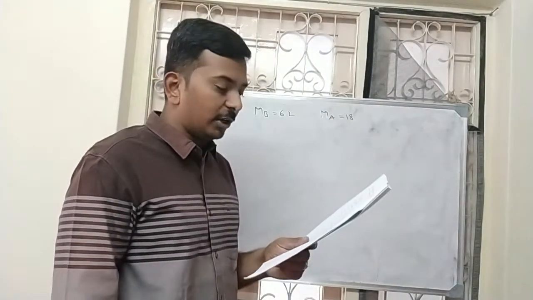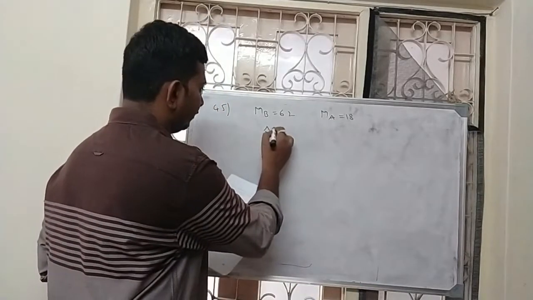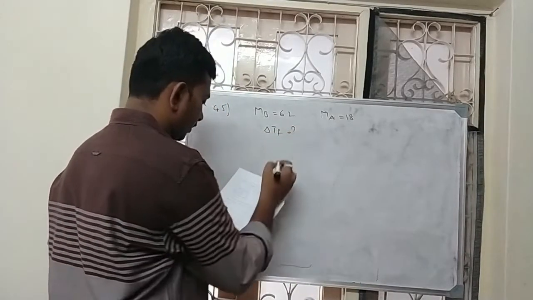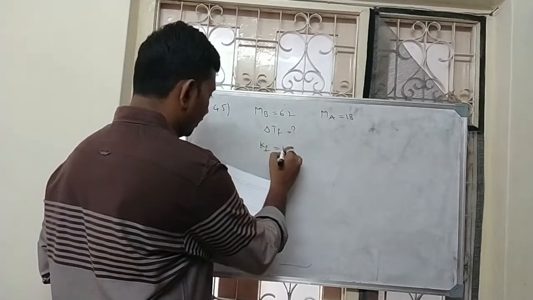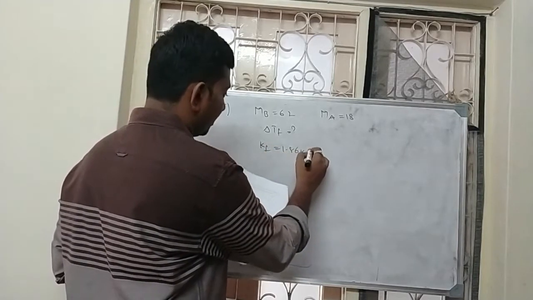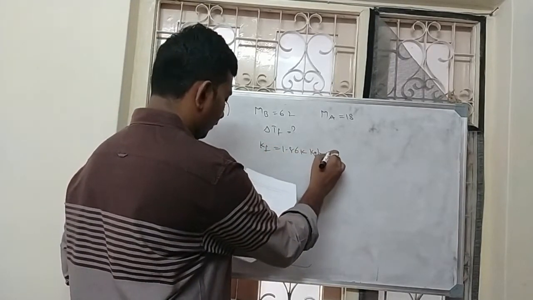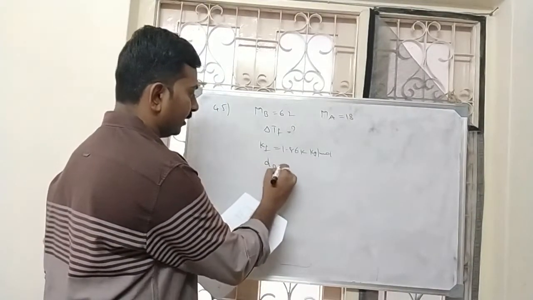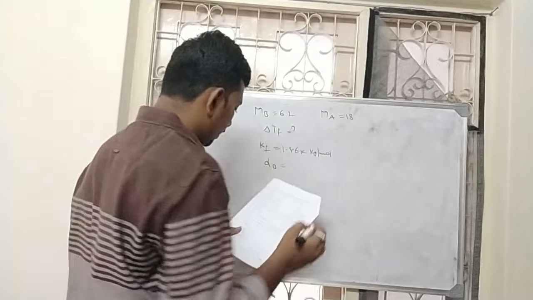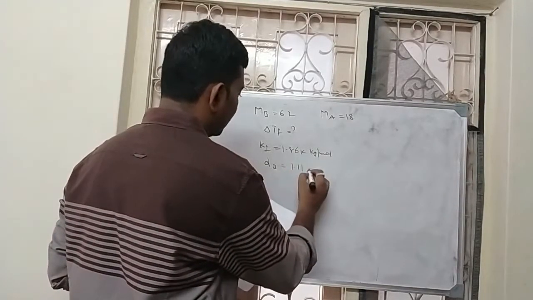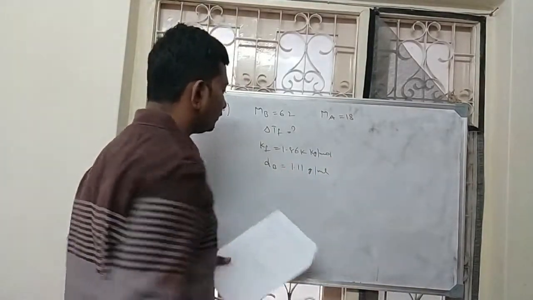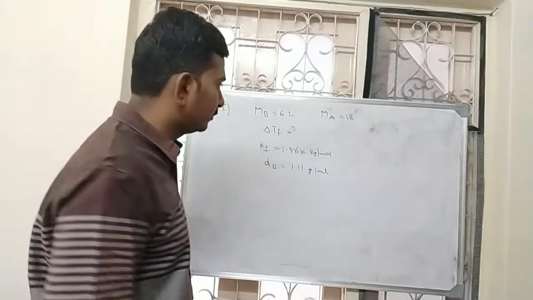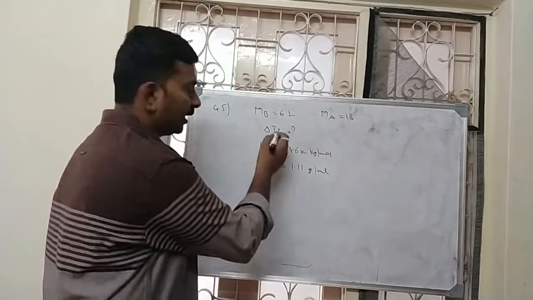Depression in freezing point of water, delta TF, we need to calculate. Kf of water is given as 1.86 Kelvin kilogram per mole. Density of ethylene glycol, B, is given as 1.11 gram per ml. From this we need to calculate delta TF.